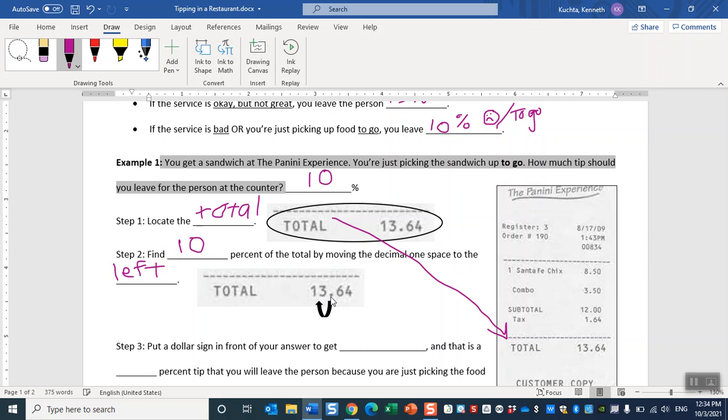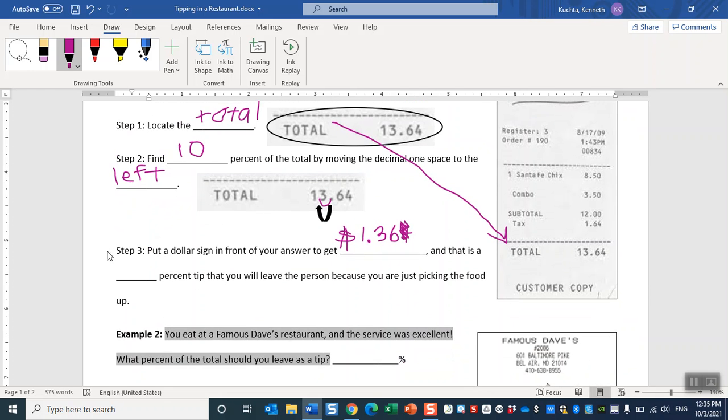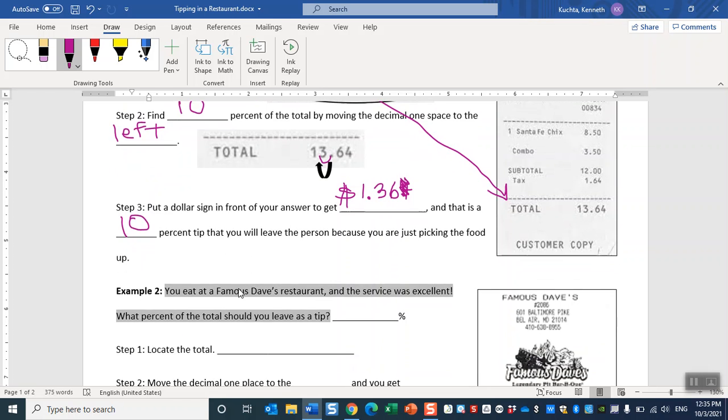Okay, so I go from here to here. All right, and you put a dollar sign in front of your answer. So it's $1.36. Can I have $1.364? No, you got to round up to the nearest cent. Okay, all right, and that is a 10% tip that you will leave to the person because you're just picking up the food to go. All right. Next one.